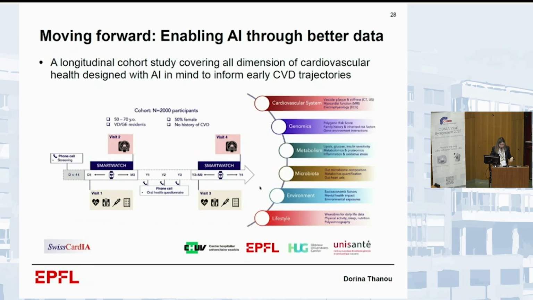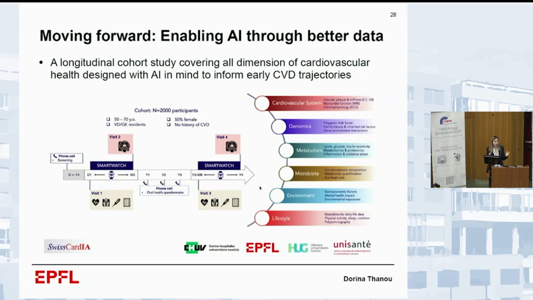In the aspect of how to make clinics ready for AI, or how to interact in order to build datasets and cohorts in which AI can indeed shine, in collaboration with the cardiology department of CHUV and also HUG here in Geneva, we are launching the Swiss Cardia study.